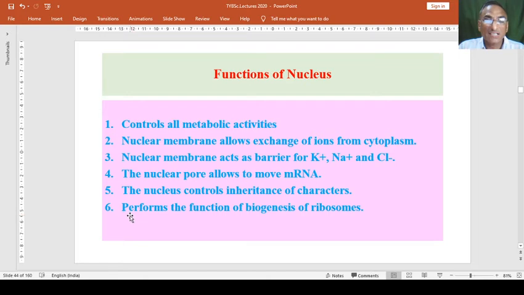The nucleus also performs the function of biogenesis of ribosomes, because ribosomes cooperate in the presence of RNA for the production of protein material. We can say mRNA and ribosomes play a key role in protein synthesis. In this way there are many functions performed by the nucleus to maintain the physiology of the animal body.